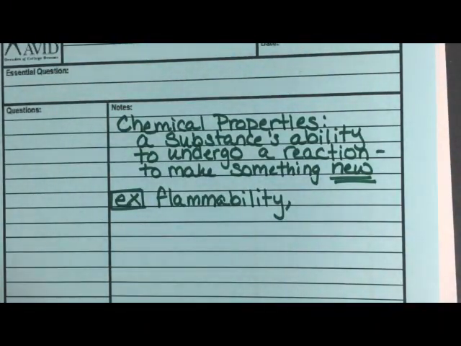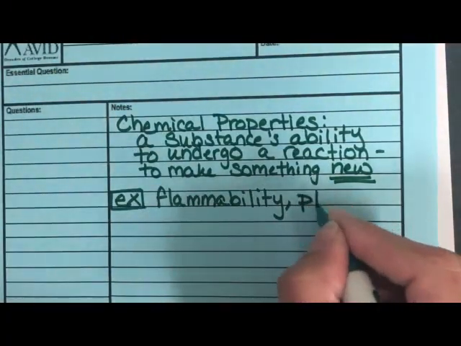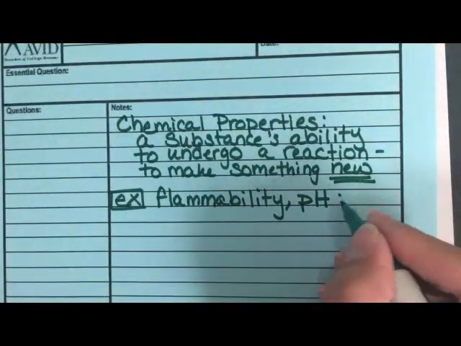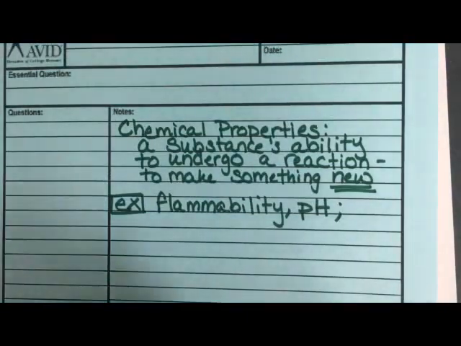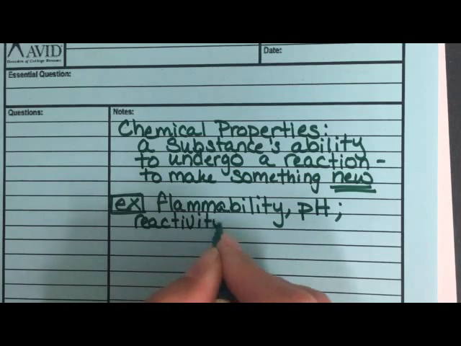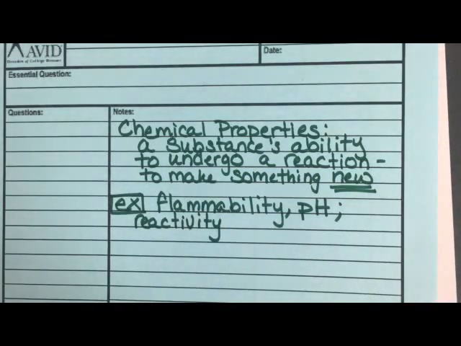If we were talking about pH, that's something we're going to spend time with second semester. It's the ability to react with acids or bases, the ability to donate hydrogen atoms. It's the ability to change. Reactivity. Some metals rust very easily, other metals don't. That's the ability to react with oxygen to form something new.